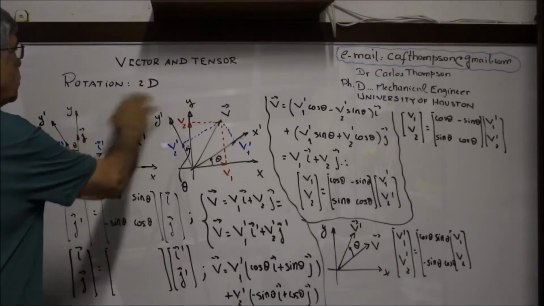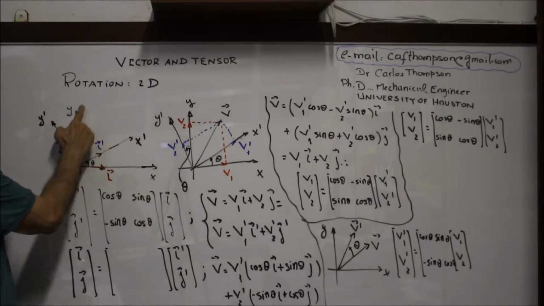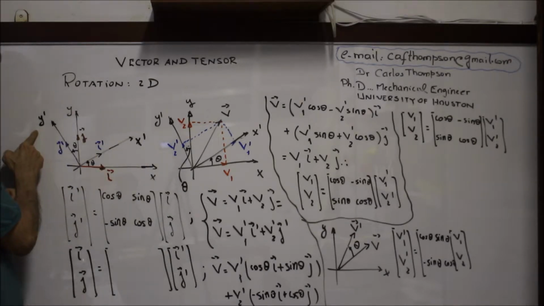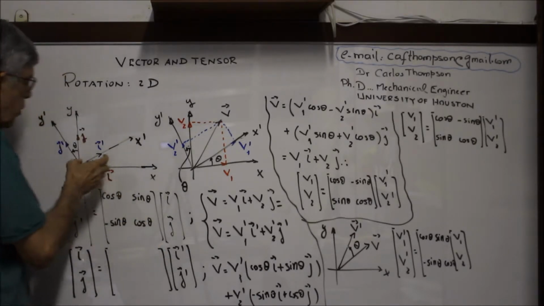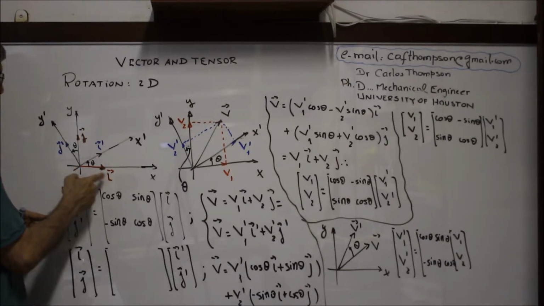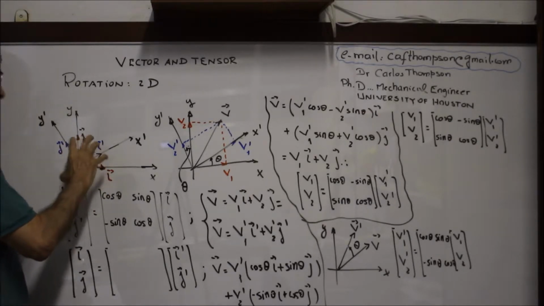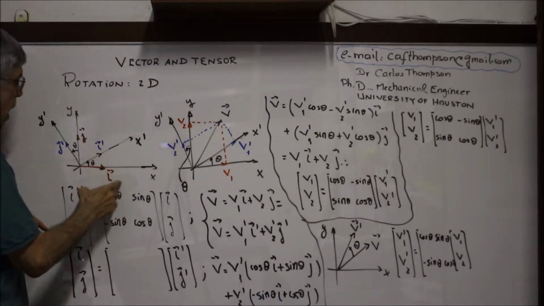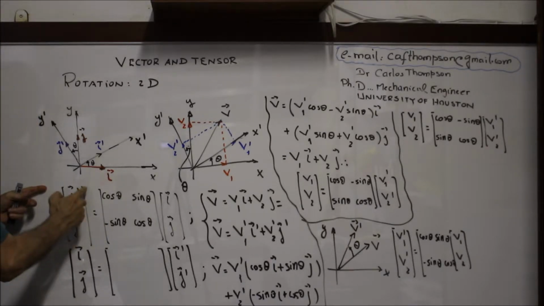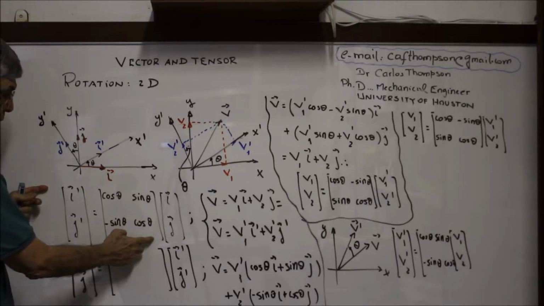Okay, consider rotation in 2D. Now, I have x, y coordinates and x prime, y prime coordinates. As we did before, we rotate counterclockwise by an angle theta. We have i, j and i prime, j prime. So the relationship between i, j and i prime, j prime is just this matrix here: cosine of theta, sine of theta, minus sine of theta, cosine of theta.